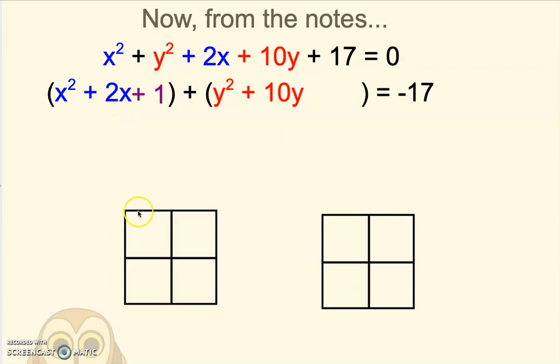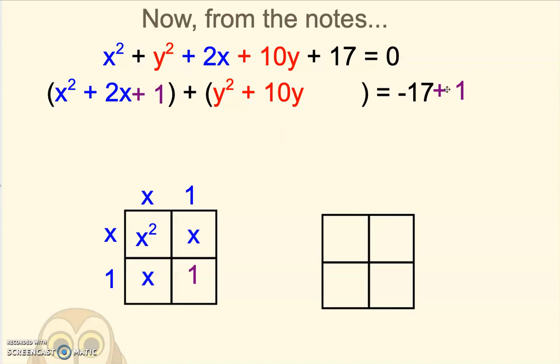Now the x's, we have an x squared, and we have 2x, and that 2x is divided into these two squares evenly. So to get x squared, I need an x and an x. And if this side is x, then this side right here would have to be a 1, and that's a 1. And that's where this first 1 comes from, which we saw early and kind of ruined the surprise. So we have a +1 here. We better put a +1 over here.